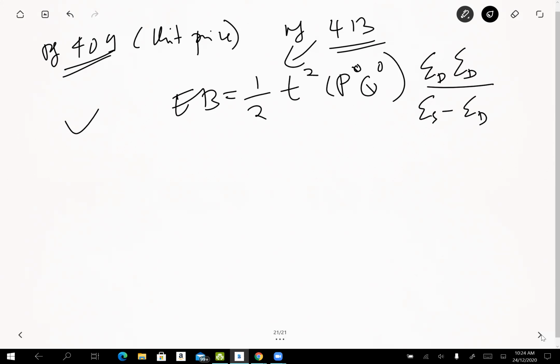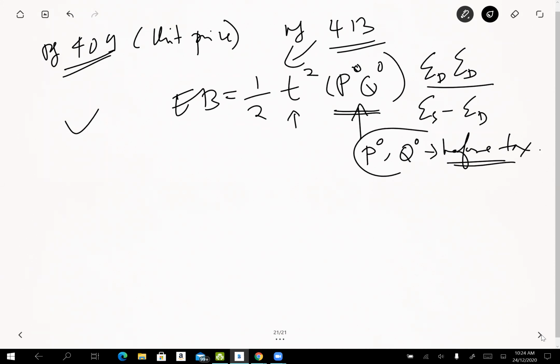Now this P0, Q0 is easy to get because this is the price and the quantity before tax. So you don't need anything after tax. So before tax, and this is the tax rate, and these are the elasticities. So this one is easy to imagine.